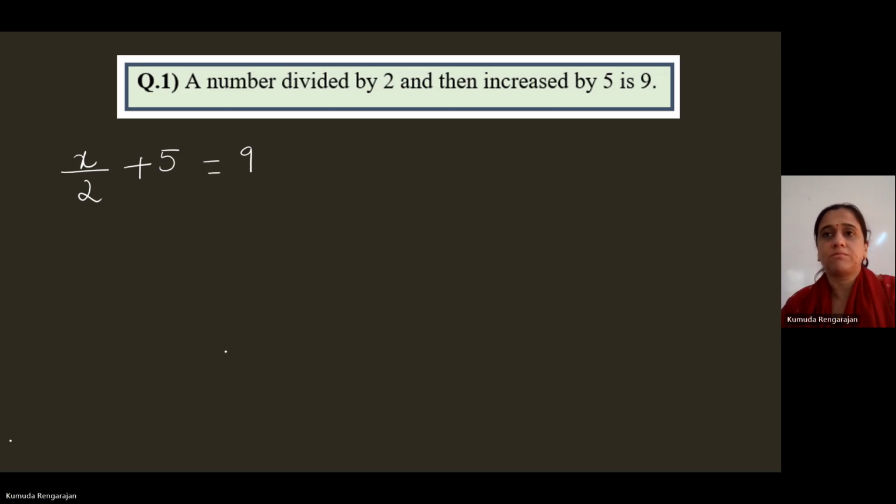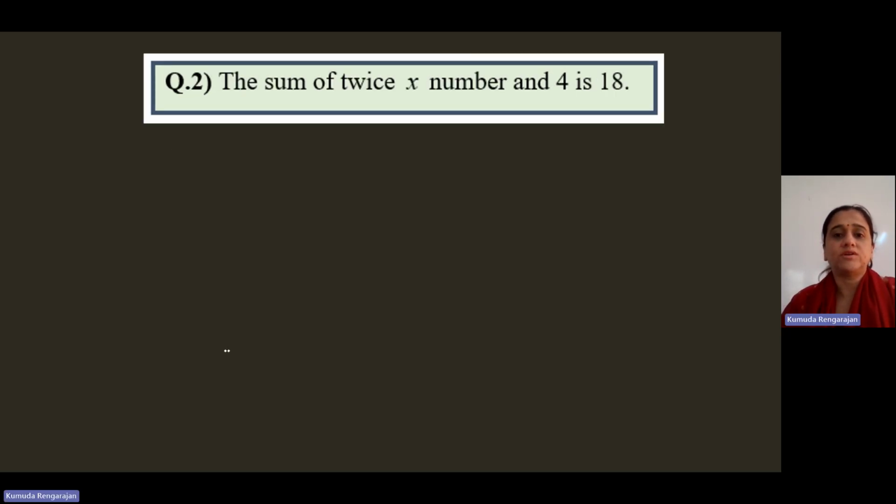Next one. The sum of twice a number x and 4 is 18. I think I've made some mistake while typing. So we'll take this: the sum of twice a number x and 4 is 18.